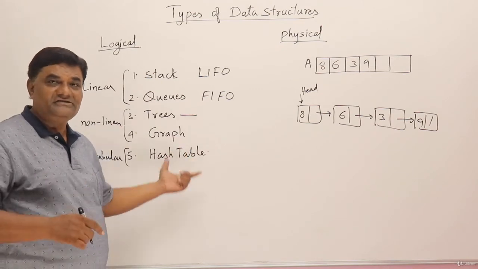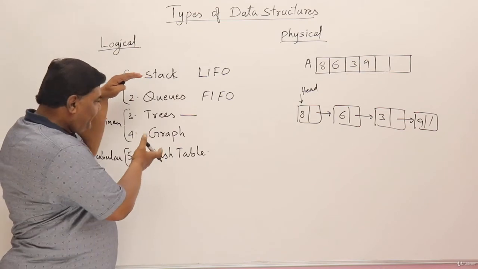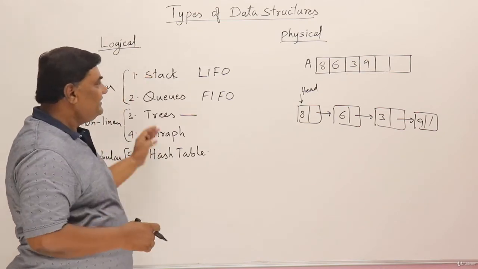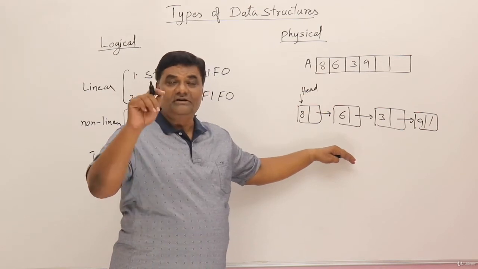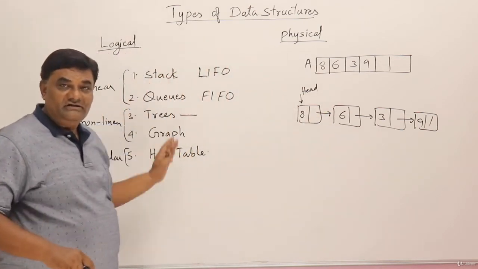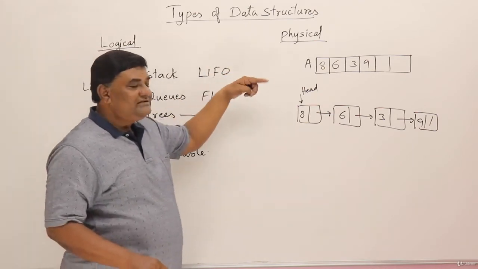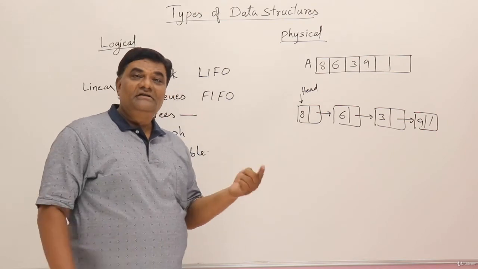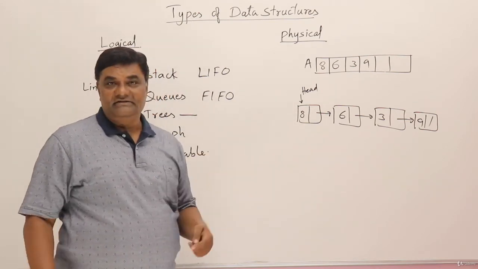These data structures are actually used in algorithms. And for implementing these data structures, we either use array or linked list. So this is the important point that we have to learn in this topic. That is, these logical data structures are implemented using any of these physical data structures, either array or linked list, or the combination of array and linked list.